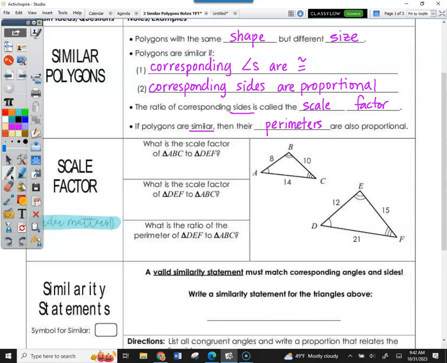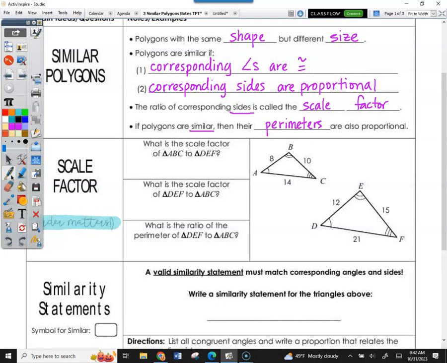I taught you the trick of whatever direction you're going. If it's getting bigger, then the big number goes in the top of the fraction. If it's getting smaller, then the small number goes in the top of the fraction. So if you pay attention to the type of dilation, then it's telling you how to set up the numbers.